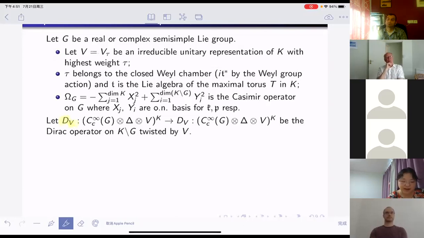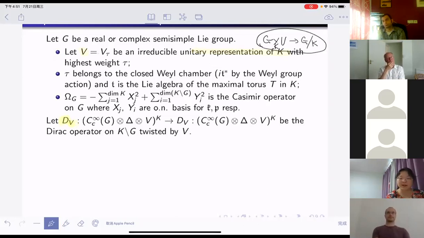So this V is a representation of K, and from this representation of K we can produce a homogeneous vector bundle like this, and we can twist the canonical Dirac operator with this vector bundle to create this twisted Dirac operator, and it turns out it is acting on this K-invariant space.